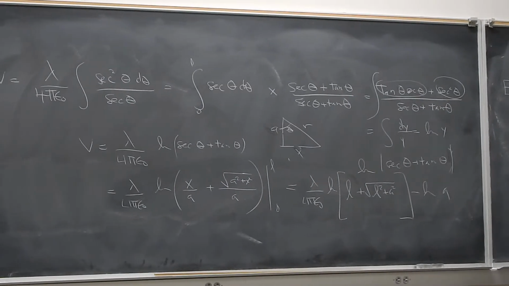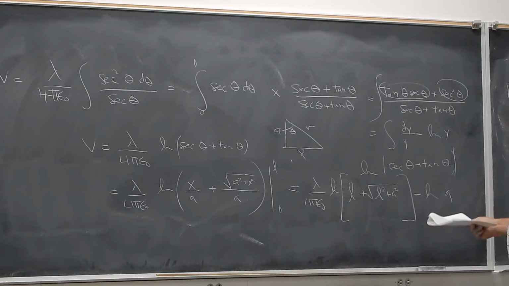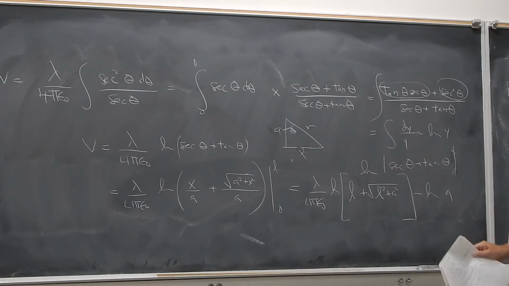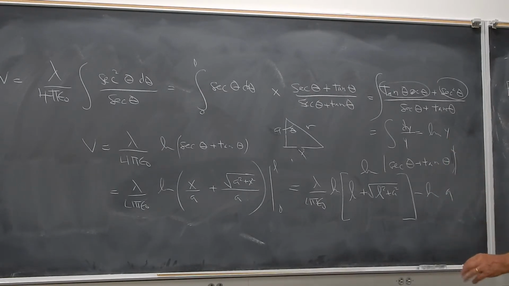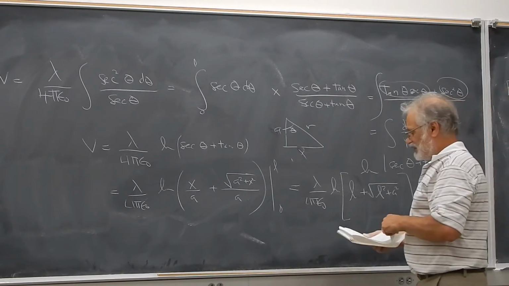So it's a bit of a mess, but through the trig substitution we're able to get the integral solved, and that gives us the value of the electric potential at point P for this configuration.